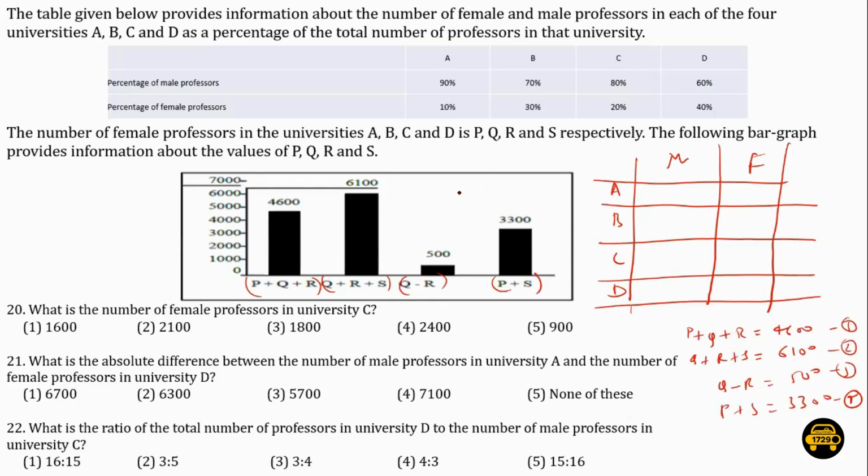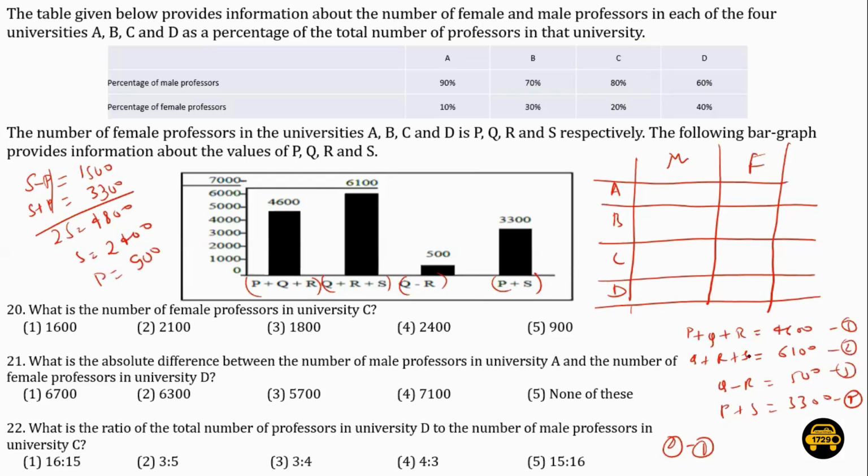So solving equation 2 minus 1 will give us S minus P is equal to 1500, and equation 4 is S plus P is equal to 3300. Now adding both the equations, 2S is equal to 4800. That means S becomes 2400 and P will become 900.